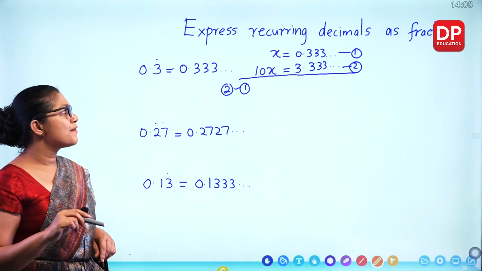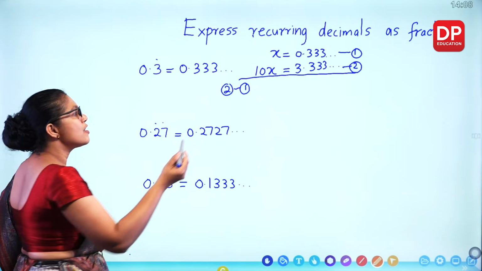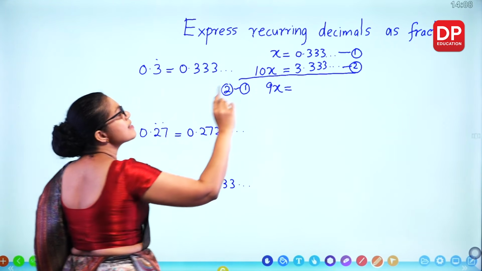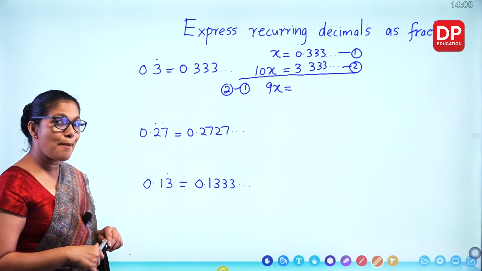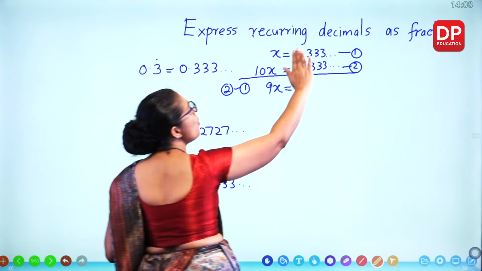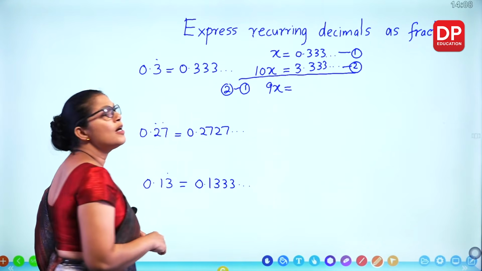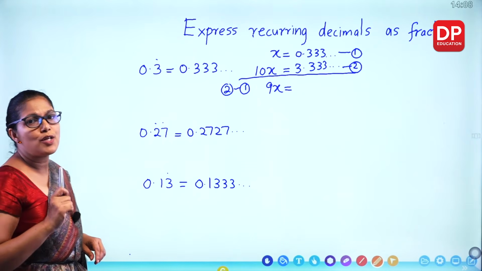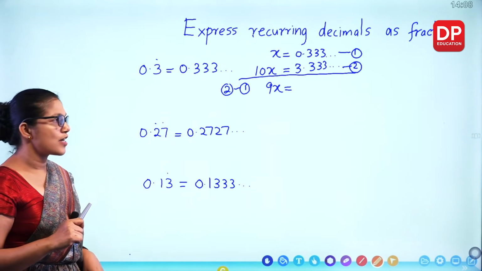So what happens to the left hand side? 10x minus 1x, you get 9x. Now when you are subtracting, what happens to the set of decimal numbers? The whole thing gets cancelled out. So you are only getting the whole number. That's the main idea when you want to convert recurring decimals to fractions.